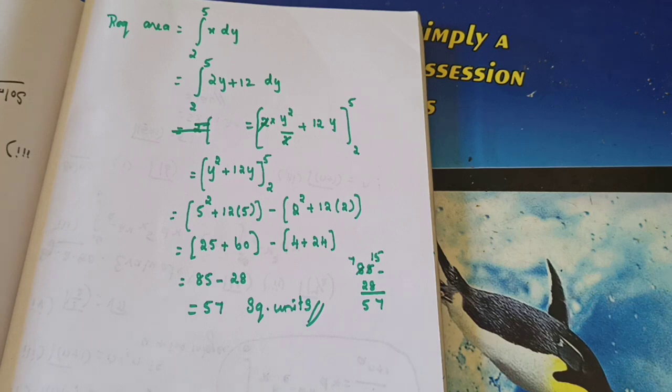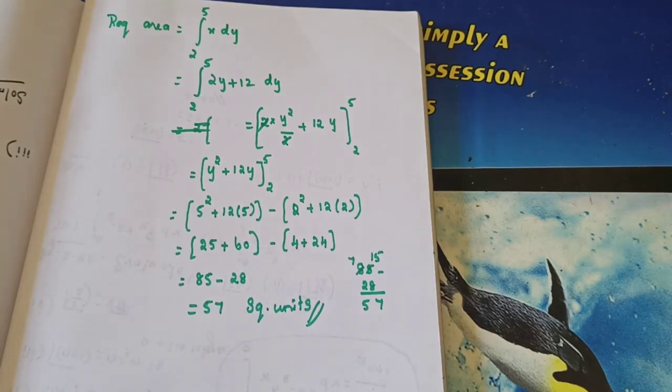Okay, so 2 problems we have completed today. So that note is very important. What's the note? First one, what I said: if it is above the x-axis, it means integration a to b y dx. If it is below the x-axis, it means integration of a to b minus y dx.